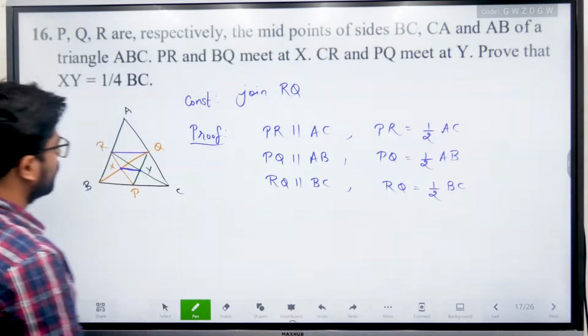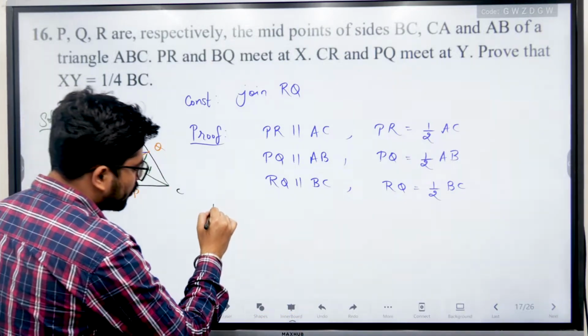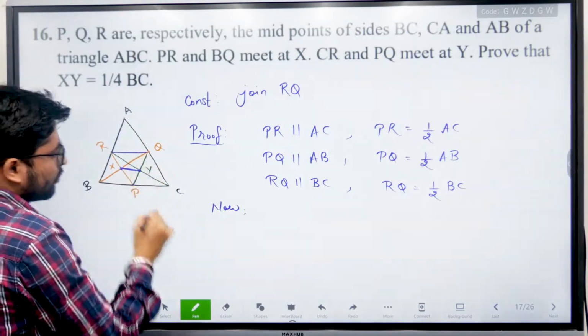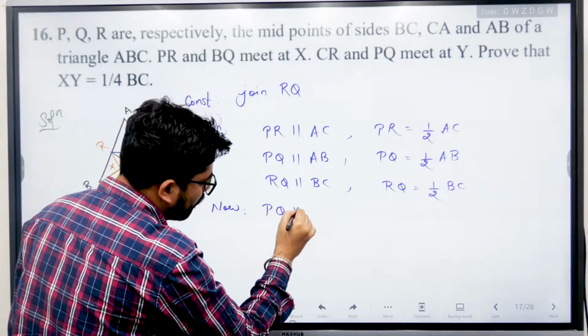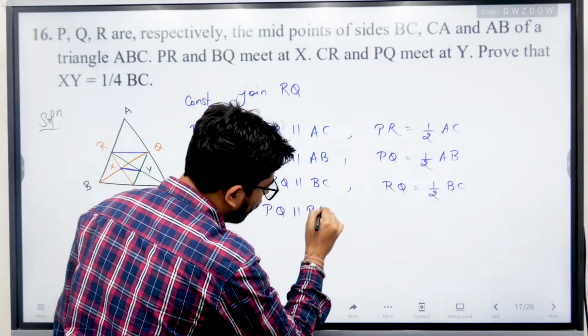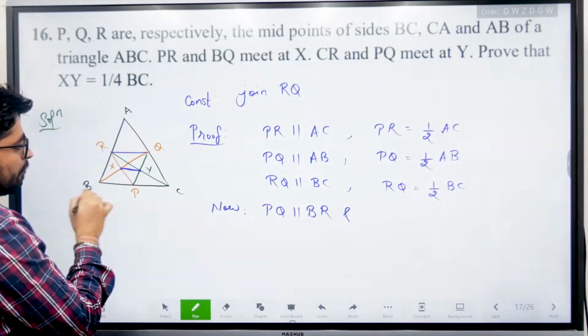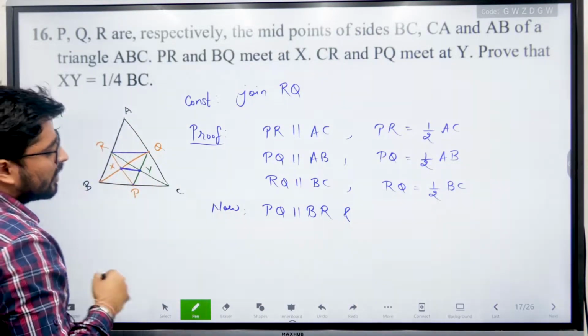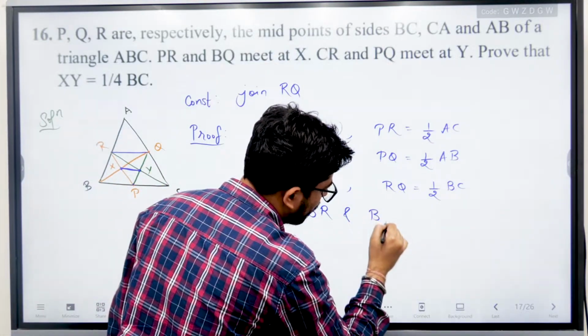So now we can say PQ is parallel to BR, and BP is parallel to RQ.